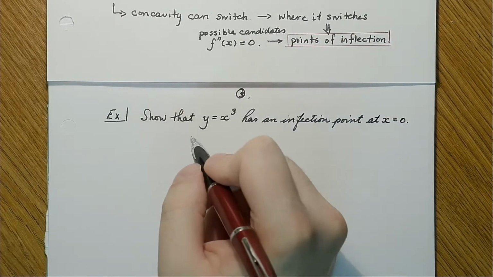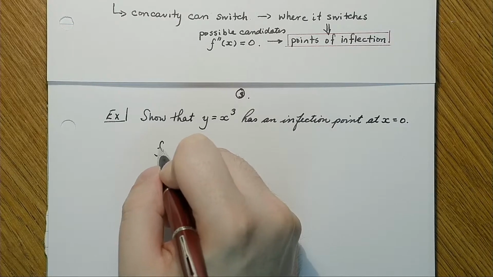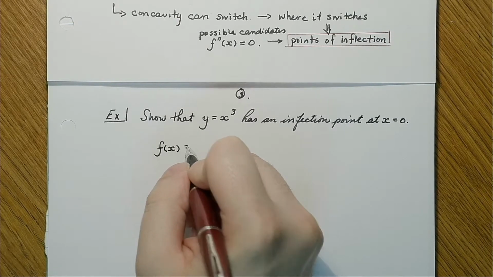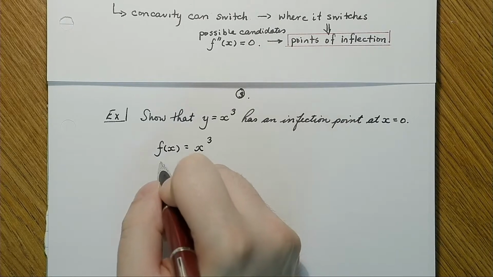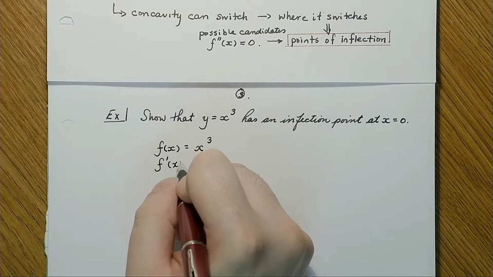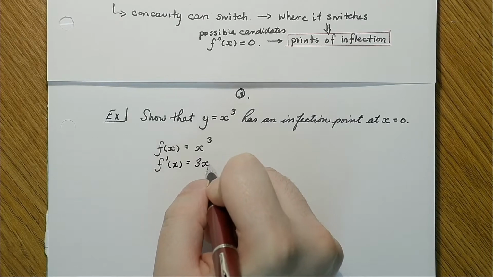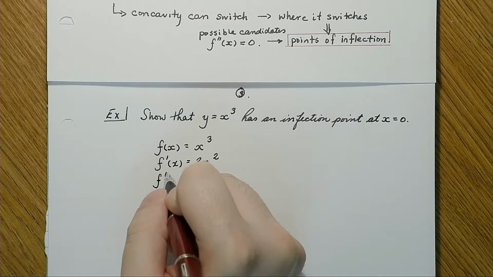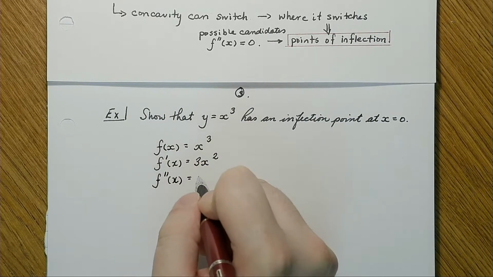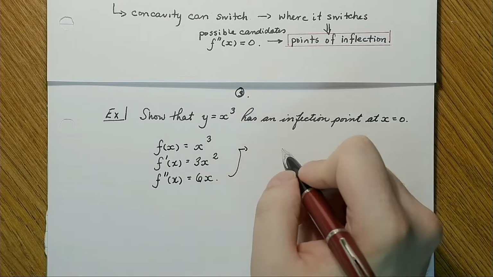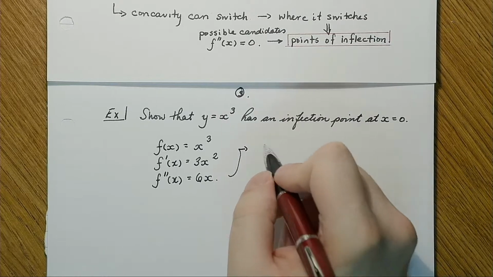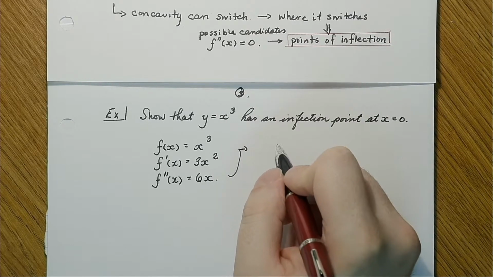So again, I'll use my functional notation here, f of x equals x cubed. If I take the first derivative, that's 3x squared, and taking the second derivative, that's 6x. Now we want to see if it has an inflection point.